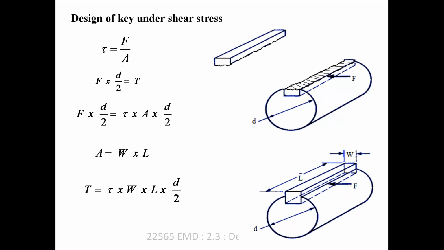This is the equation we can form, which is used when the key is under shear stress. You remember this equation because we use it in the numericals. Torque T is equal to tau into width of the key into length of the key into d by 2, where d is the diameter of the shaft.